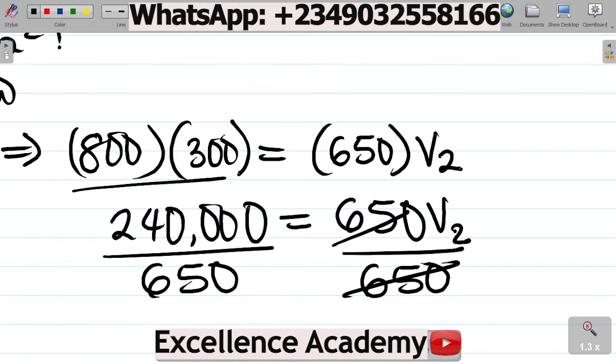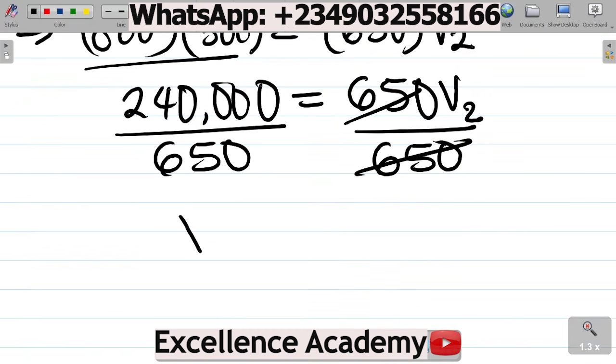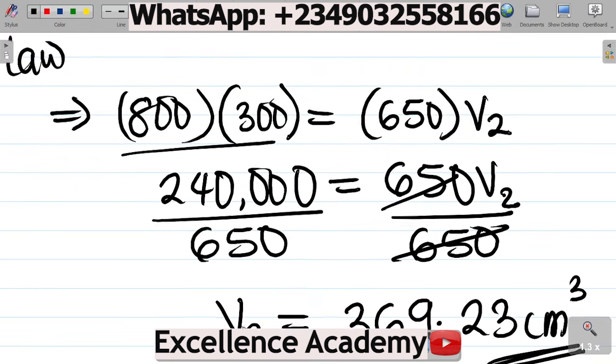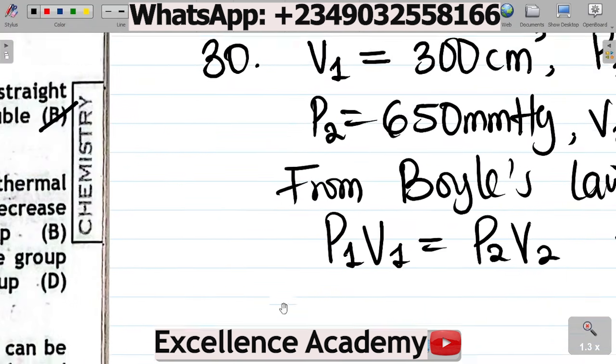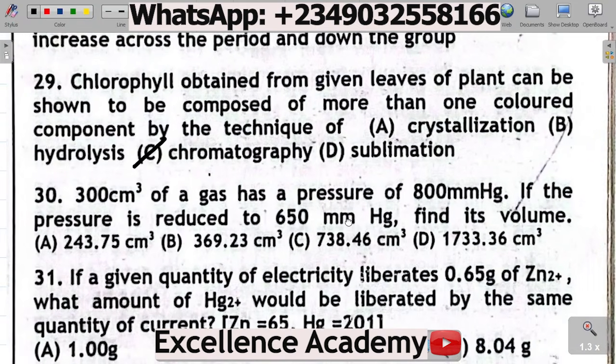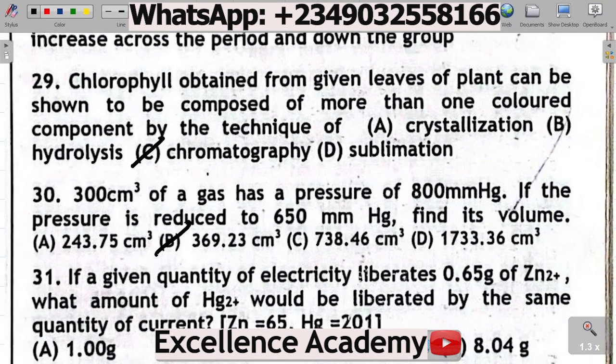This cancels this. From here, V2 is equal to 240,000 divided by 650, and that's about 369.23 cm cube. So that's the value. 369.23 cm cube. All right, so B is the correct answer.